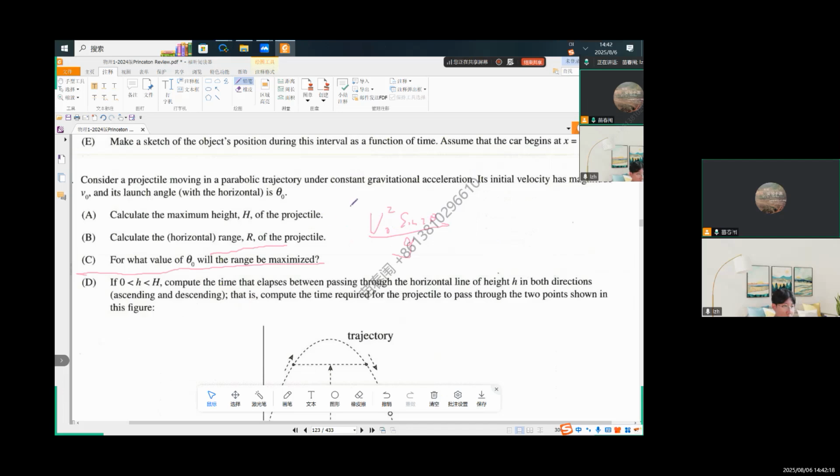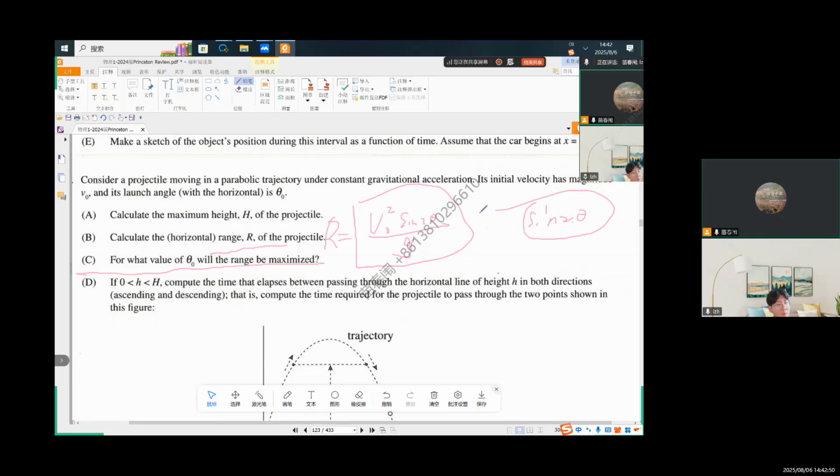And now he's asking when this becomes the maximum, right? Yeah. V0 is a constant number, right? Yeah. And he's talking about the entire thing being the maximum, which means sine 2 theta is maximum because g is constant again, right? Yeah. So sine 2 theta, when is the maximum? Sine 2 theta, when can you get a maximum value?